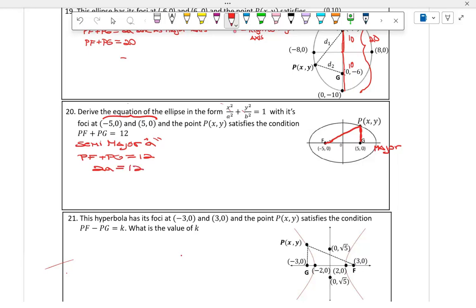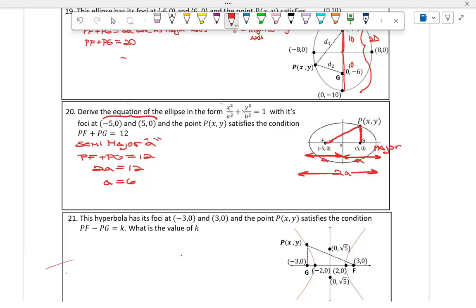So that's 12, that's 2A. Okay, each half of this is A. So the whole length is 2A. So A is equal to 6.